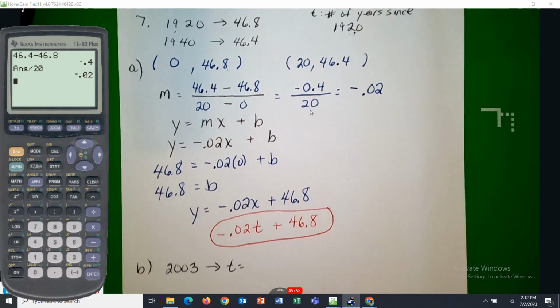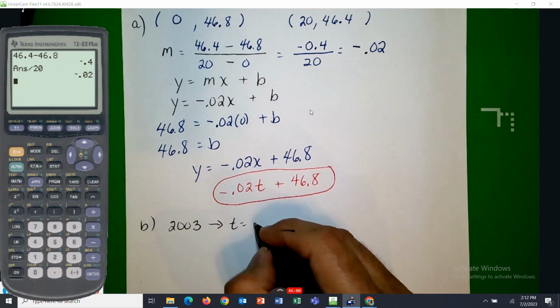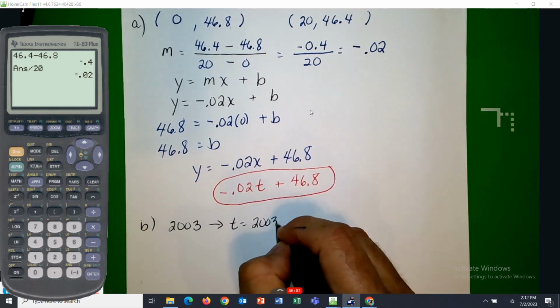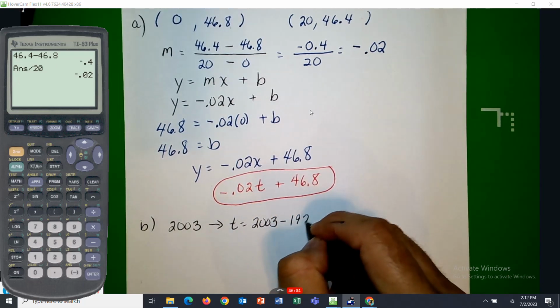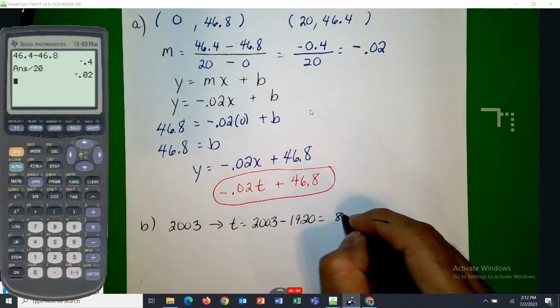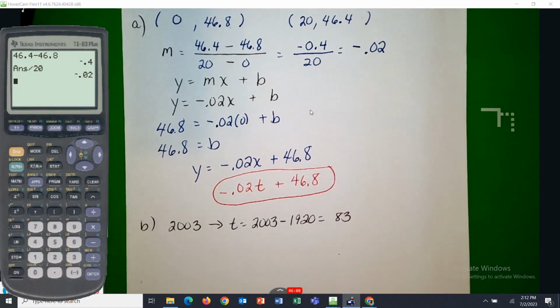So how do I find t? I'll say 2003 minus 1920. Is that an 83? You can punch into the calculator if you doubt it. Now plug an 83 in for t.